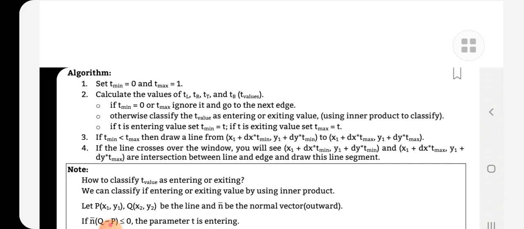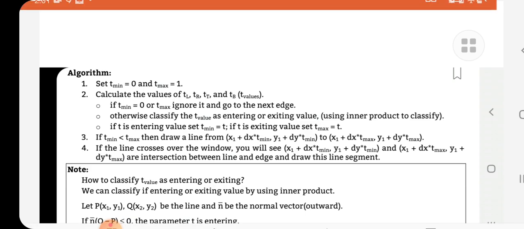If it is an exiting value, set t maximum equal to t. Third, if t minimum is less than t maximum, then draw a line from (x1 + dx t minimum, y1 + dy t minimum) to (x1 + dx t maximum, y1 + dy t maximum).